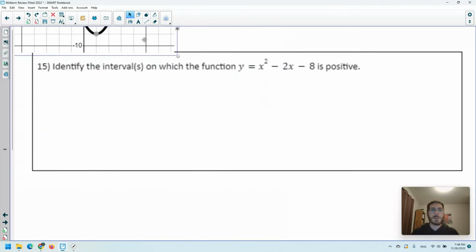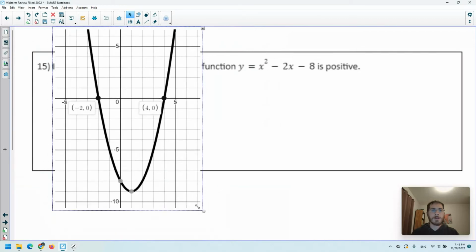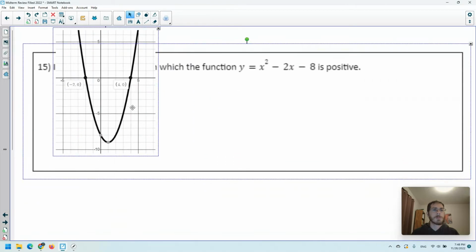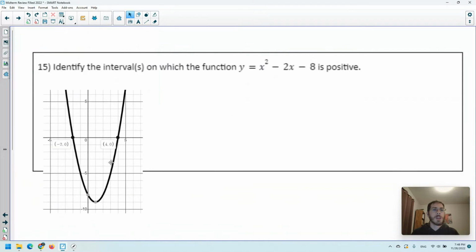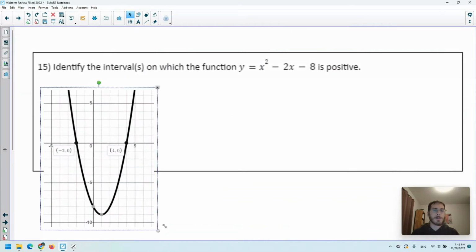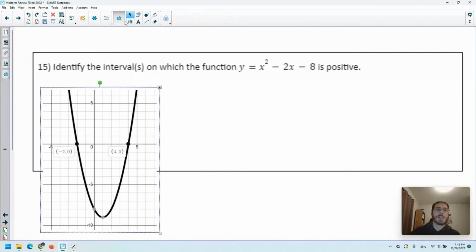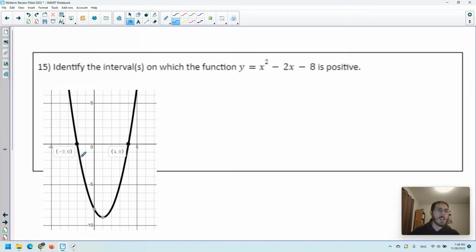So we want to find out where it's positive. All right, so we can tell where it's negative. So we're definitely negative down here. This is the negative section. So we do not want to pick that part because positive would be up here.